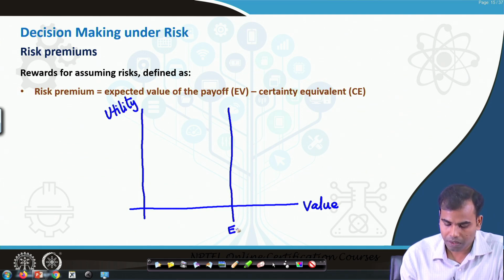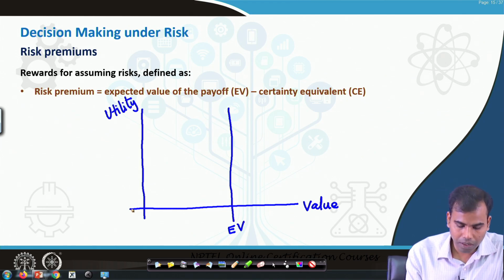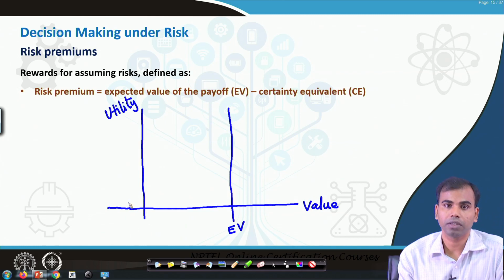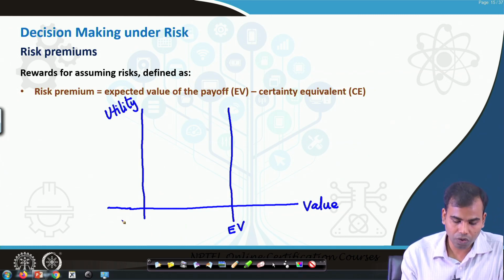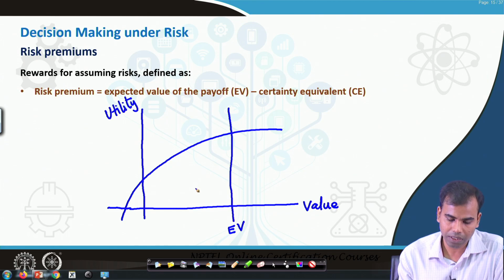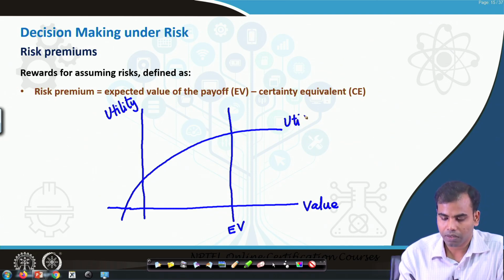So, this is basically the expected value of the payoff, and if we try to show the curve, which is basically the logarithmic utility function curve, it should look like this. We have seen that it is typically very similar to a curve like this, and if we are able to find the certainty equivalent. So, basically this is the utility curve.